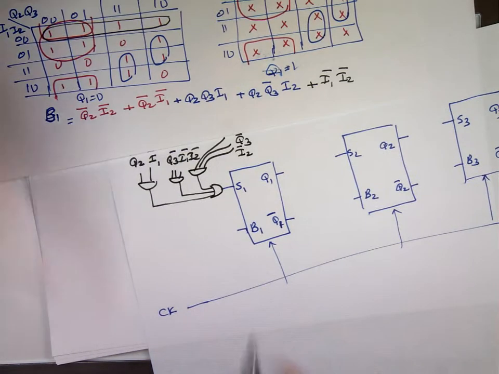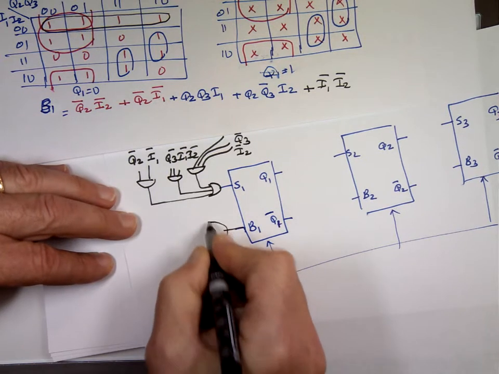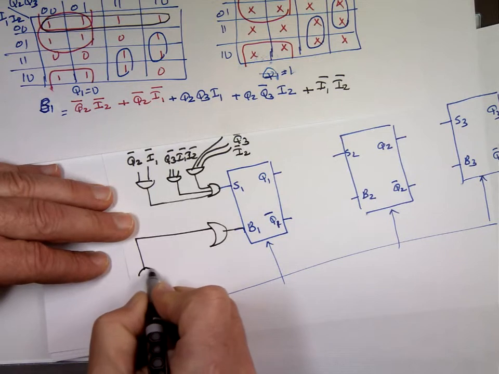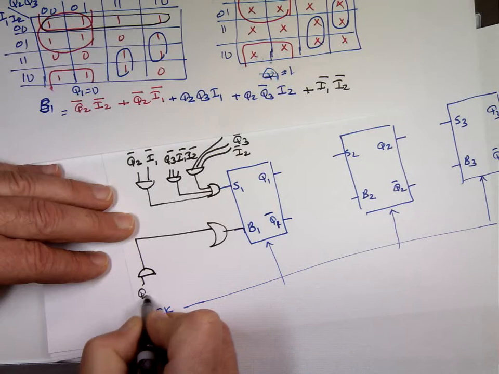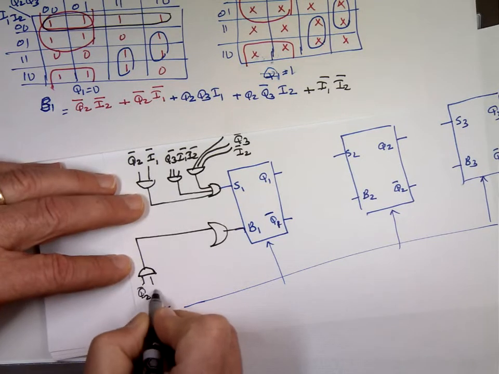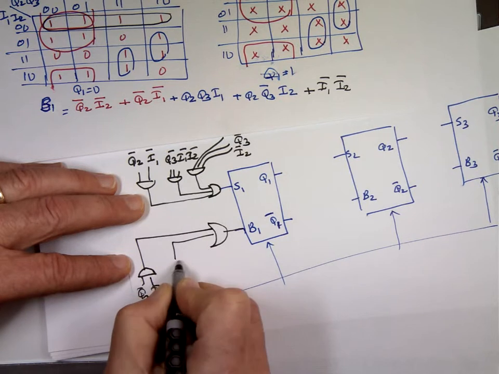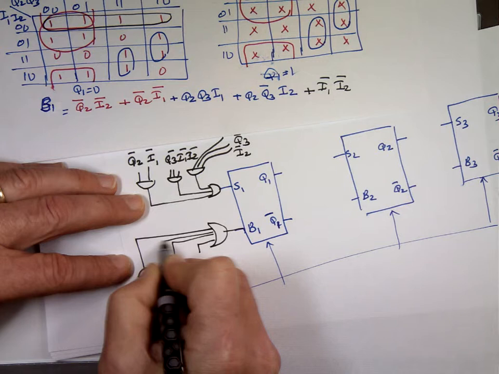This one definitely uglier here. An OR gate with how many AND gates go into it? That's the first AND gate. Q2 not, I2 not. The next one. Then the next one. Then the next one.